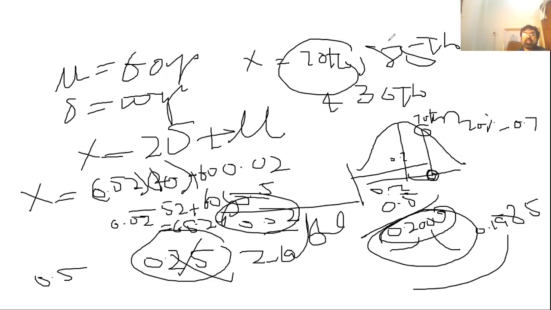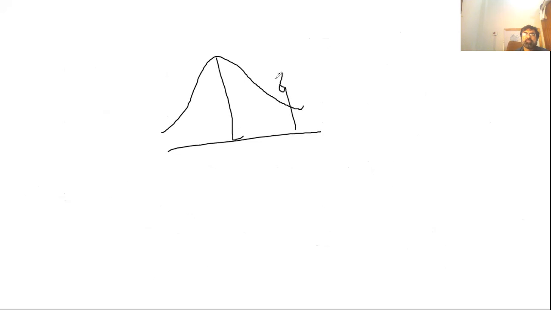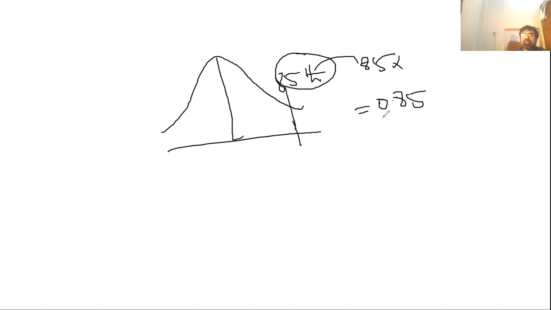Now let's go for the other one, for 85th. The 85th percentile will locate over here. What you have to do, first convert into percentage, then divide it by 100, so it becomes 0.85. And then you have to subtract 0.5 from here so that you can get an area from here to here and to calculate the Z-score.